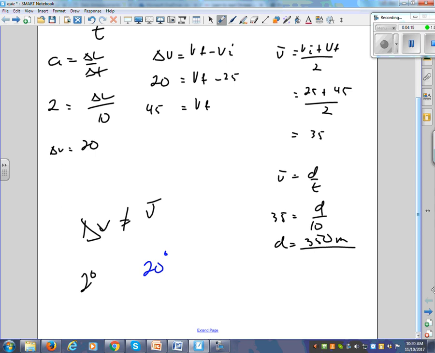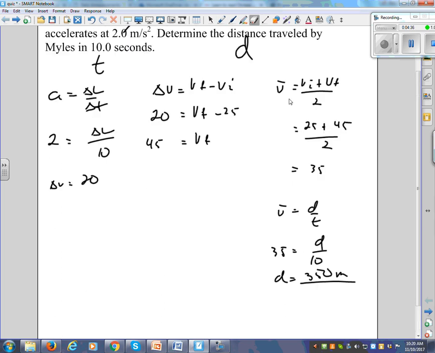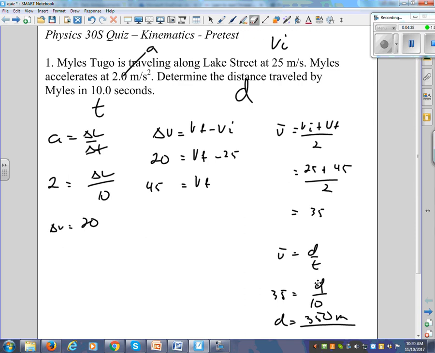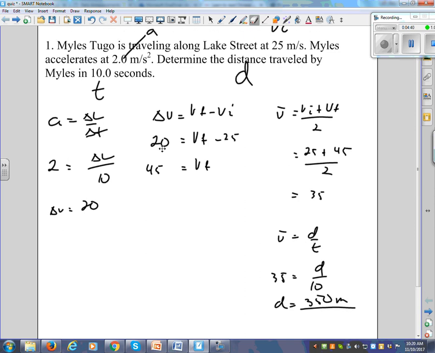What's in the middle? 2 plus 20? The average is 11, right? That's the average. But how much did it change by? 18. They're not the same thing. Just because they both have the letter V in them doesn't make them the same. Okay? And if you always write the formula, if you always write V bar equals D over T, and do these, you'll be fine.